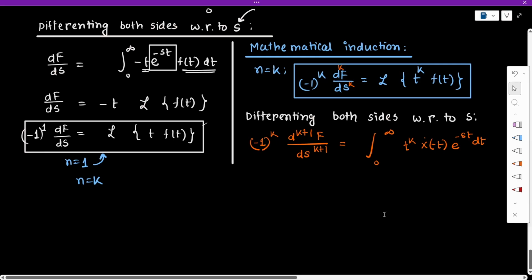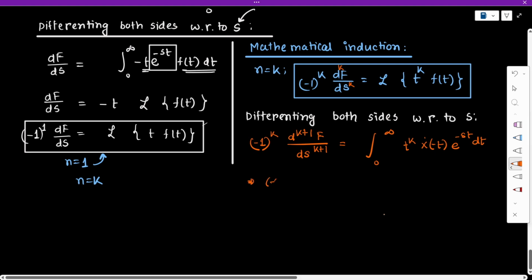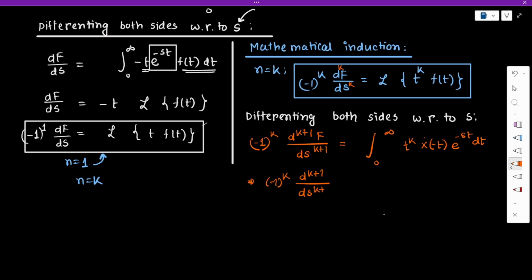All right, so from here we get that negative 1 to the power k, d^(k+1) f over ds^(k+1), is equal to the integral from 0 to infinity of t^(k+1) times negative 1 e^(-st) dt.